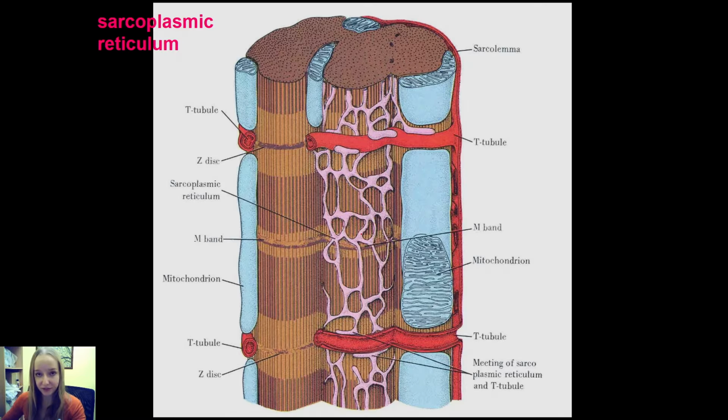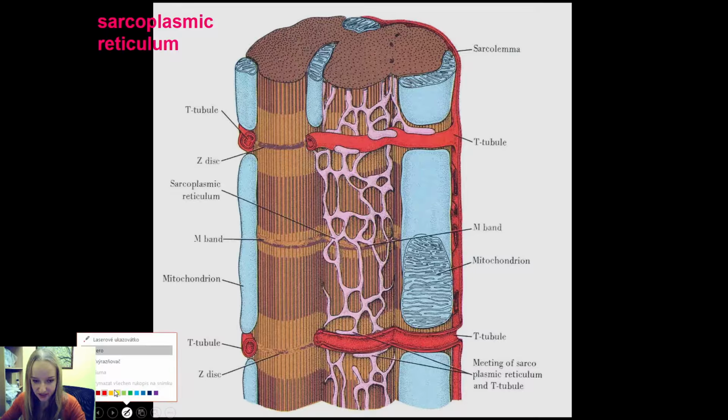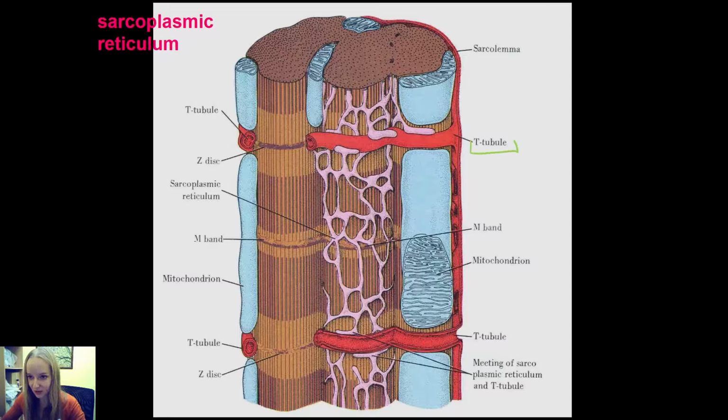And what are the other differences? The sarcoplasmic reticulum is not that big. We can see that we have once again this T-tubule, which is an invagination of the sarcolemma, which is once again the membrane of this cell right here.